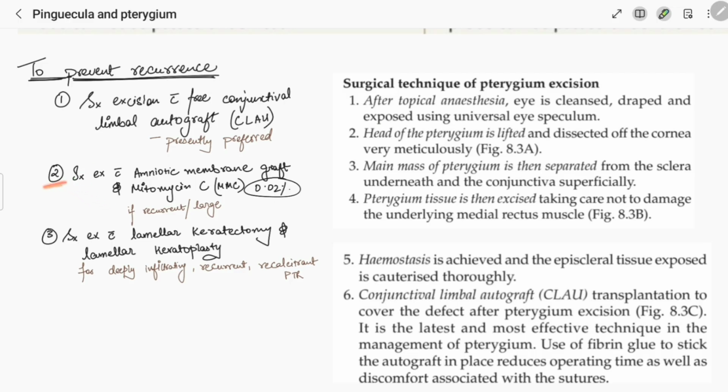The second method to prevent recurrence is surgical excision with amniotic membrane graft and using mitomycin C of 0.02% concentration. This method is preferred if there's recurrence or the lesion is very large. The third method is surgical excision with lamellar keratectomy and lamellar keratoplasty. This is preferred if the lesion is deeply infiltrating, it is recurrent, or there is recalcitrant pterygium.